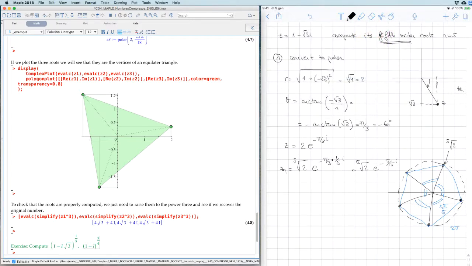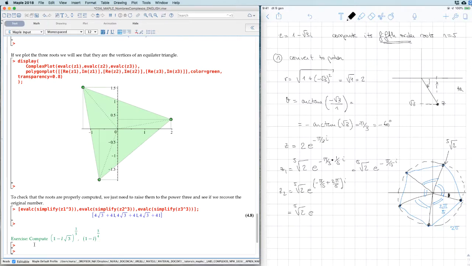So z2 is going to have the same modulus, and I take the original argument and I add 2 pi over 5. Okay, so let's do it in here and check that we did it correctly. Square root of 3 times i.